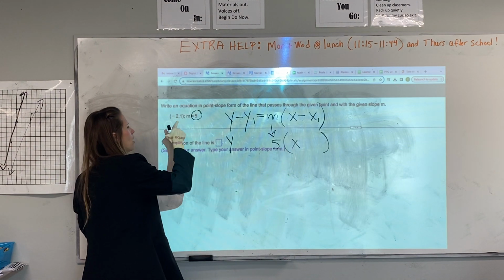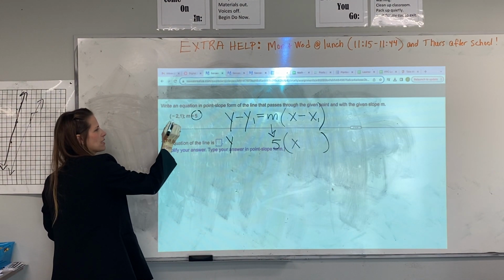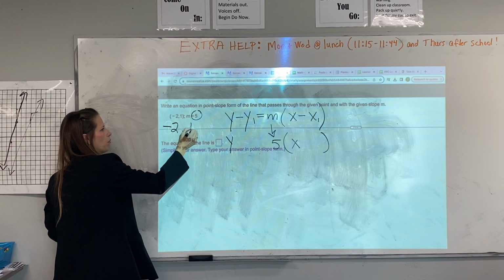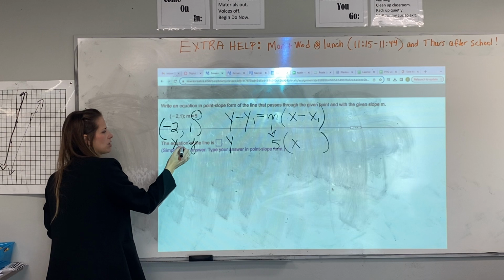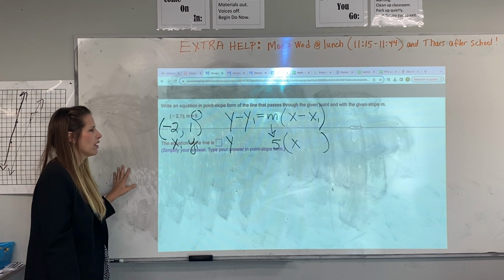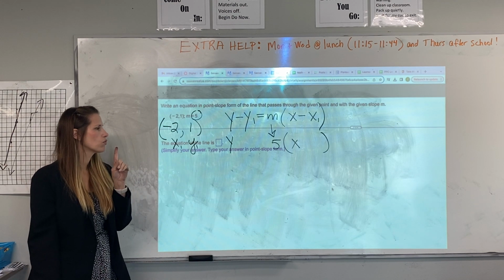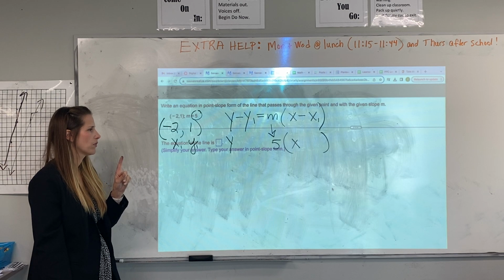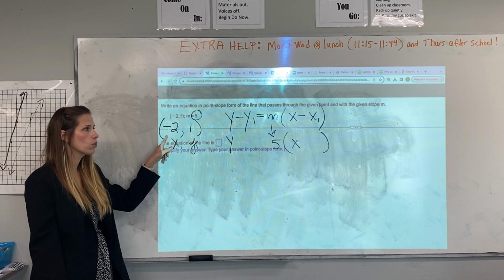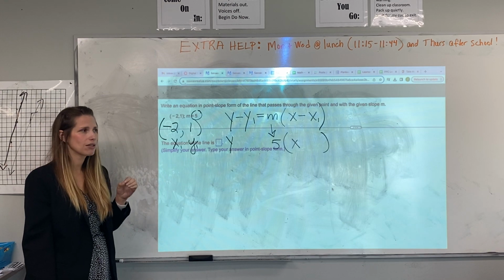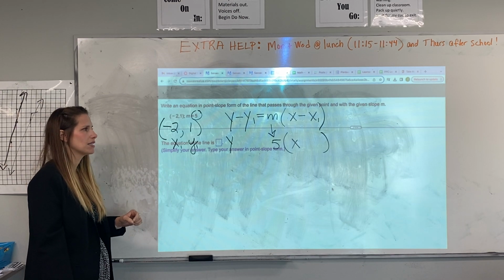Now I have a point here, negative 2, positive 1. This is my x and this is my y, or I should say x1, y1, right? Okay, so here's what's really, really important. Our x value is negative. This is so important. You need to protect it with parentheses.